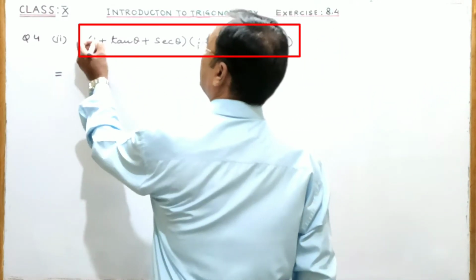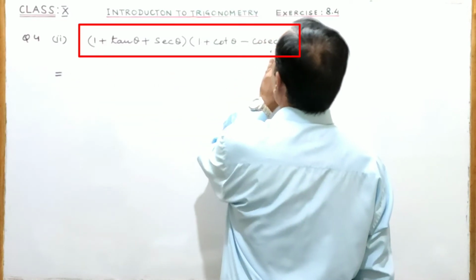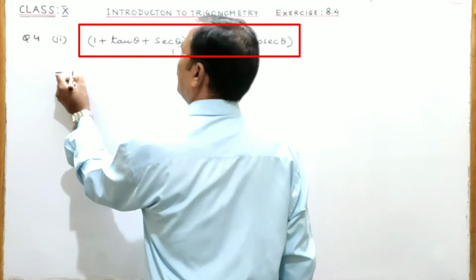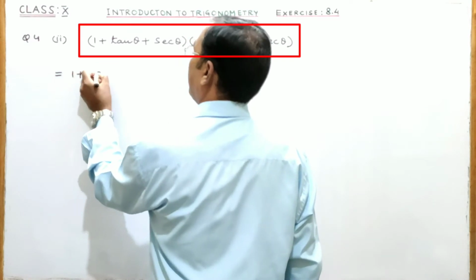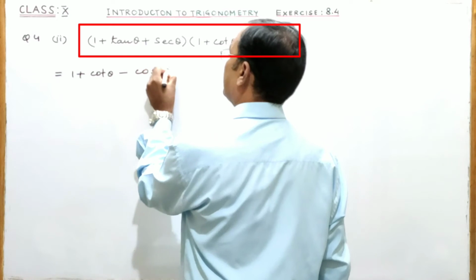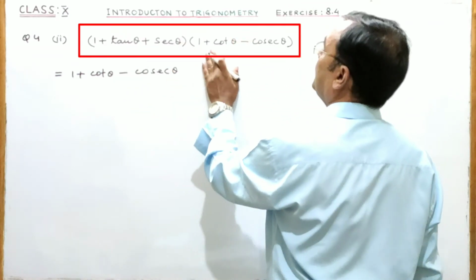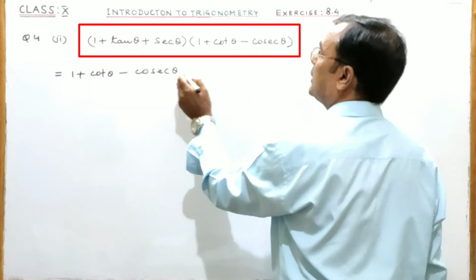So let us multiply 1 into 1 plus cot theta minus cosec theta. So 1 plus cot theta minus cosec theta. Tan theta into 1 plus cot theta minus cosec theta.